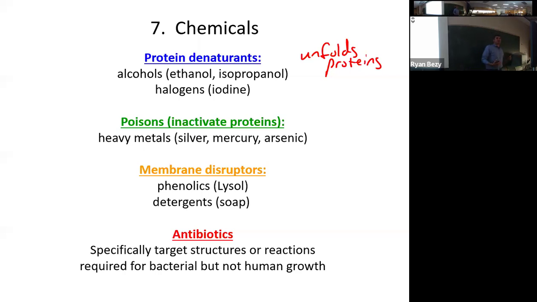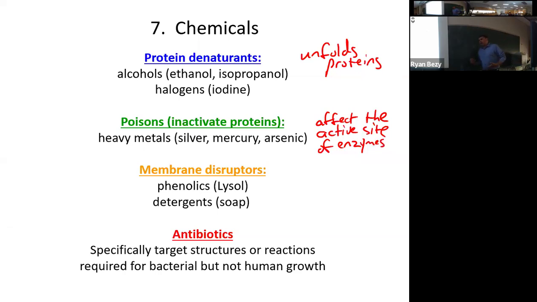Poisons are other types of chemicals. Poisons are things that inactivate proteins. An example of poisons would be heavy metals like silver, mercury, or arsenic. They don't cause proteins to unfold. Instead, they affect the active site of enzymes.